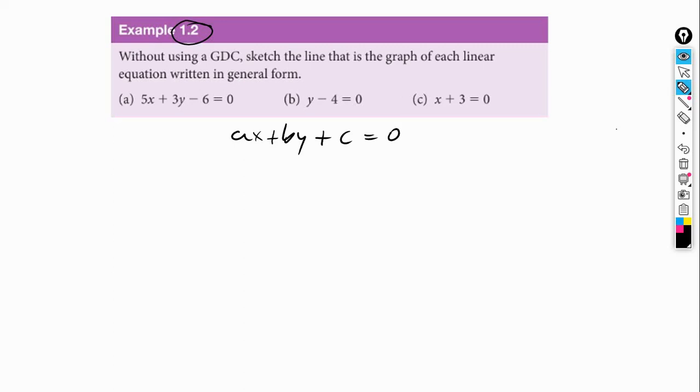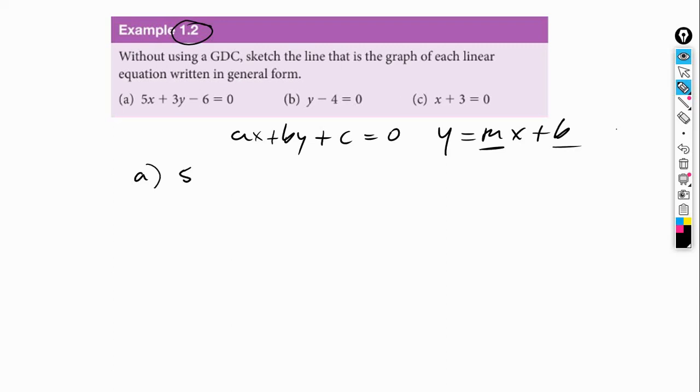So that's the general form. But if we want to sketch it, we probably want to use the slope-intercept form. Remember that the slope-intercept form is the one where you have y equals mx plus b, where m is the slope and b is the y-intercept. So what we have to do with letter A is rearrange it, right?